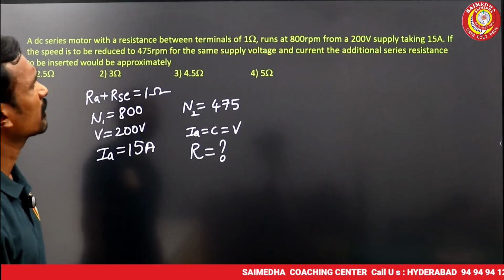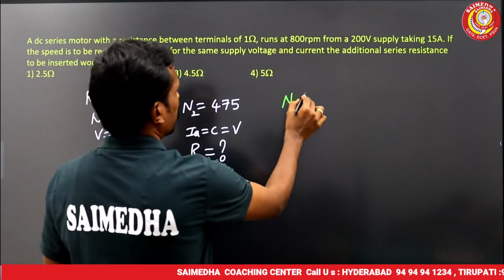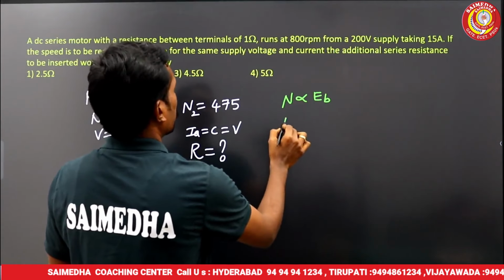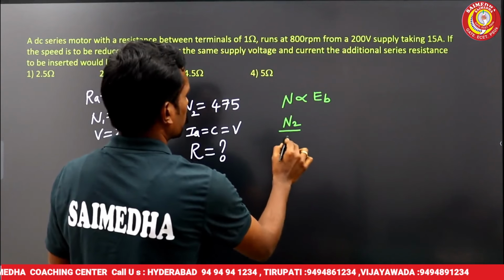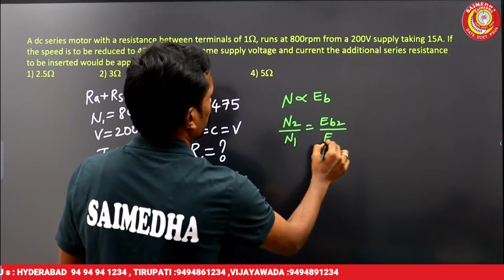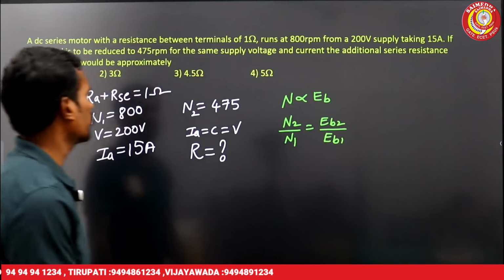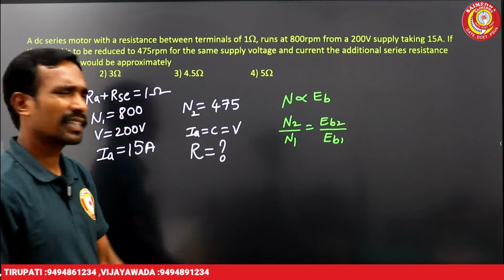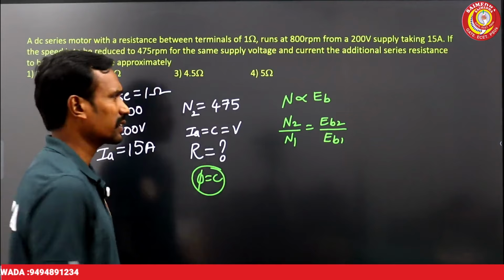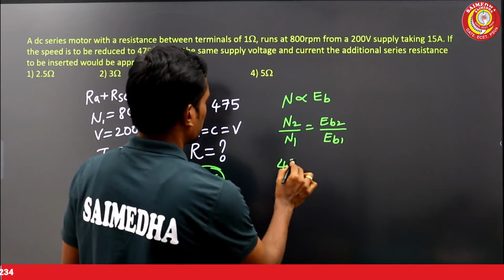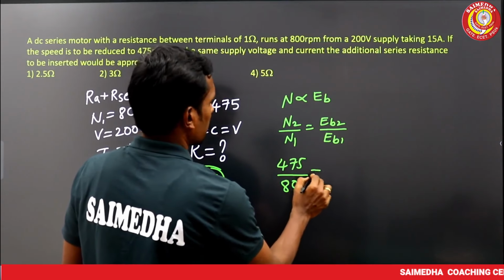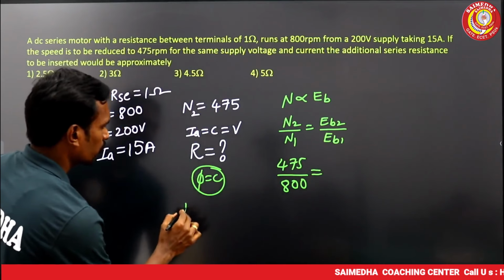What is the answer? The speed is directly proportional to EB. Simply, N2 by N1 is equal to EB2 by EB1. Armature current is constant, flux constant. Let's take N2 as 475, N1 as 800. What is EB2?